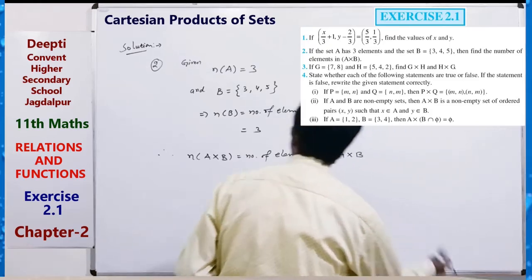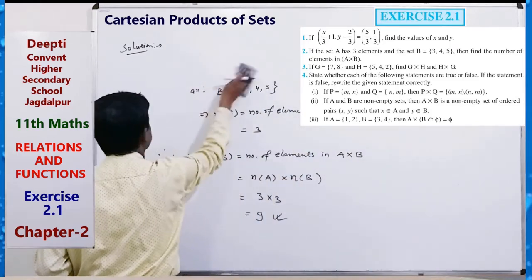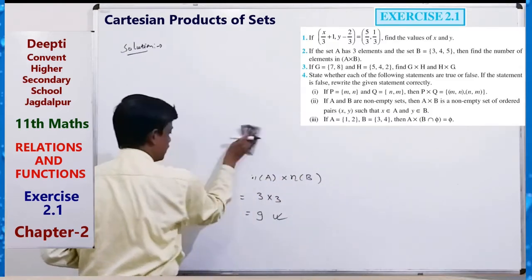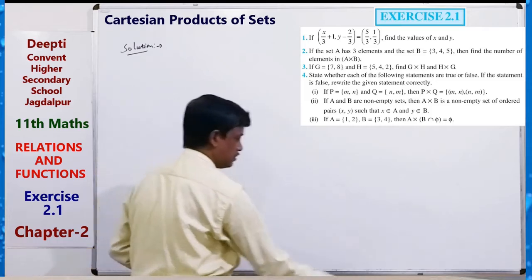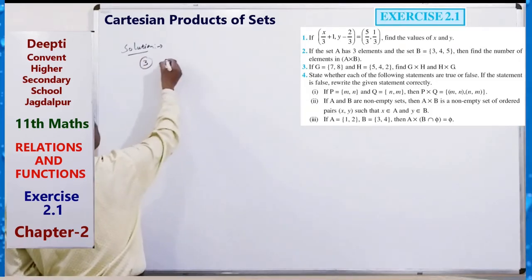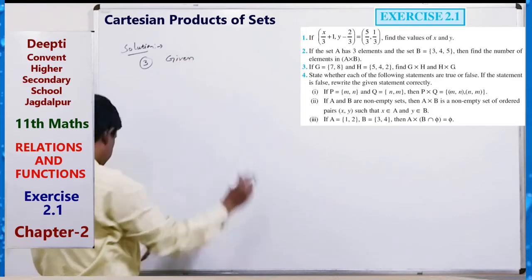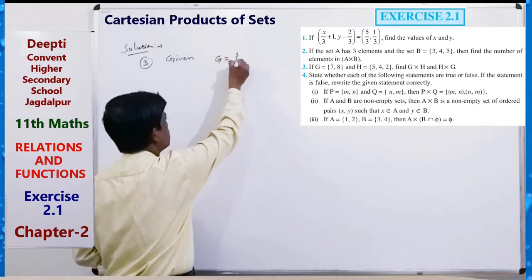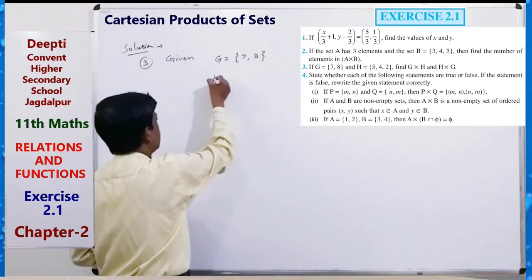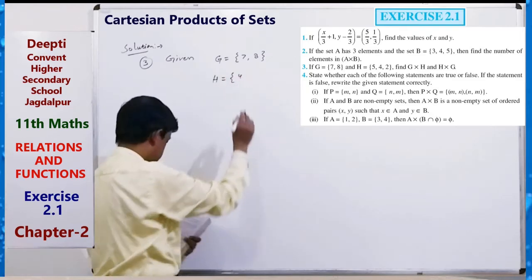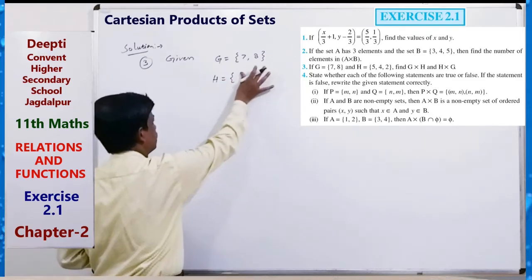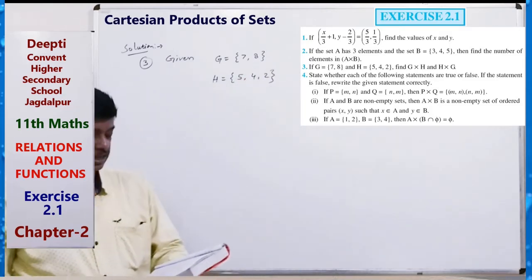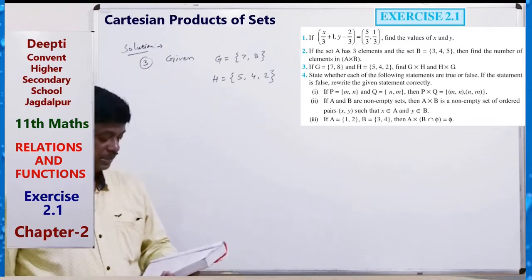Third question. Given G is {7, 8} and H is {5, 4, 2}. These are the two sets given.